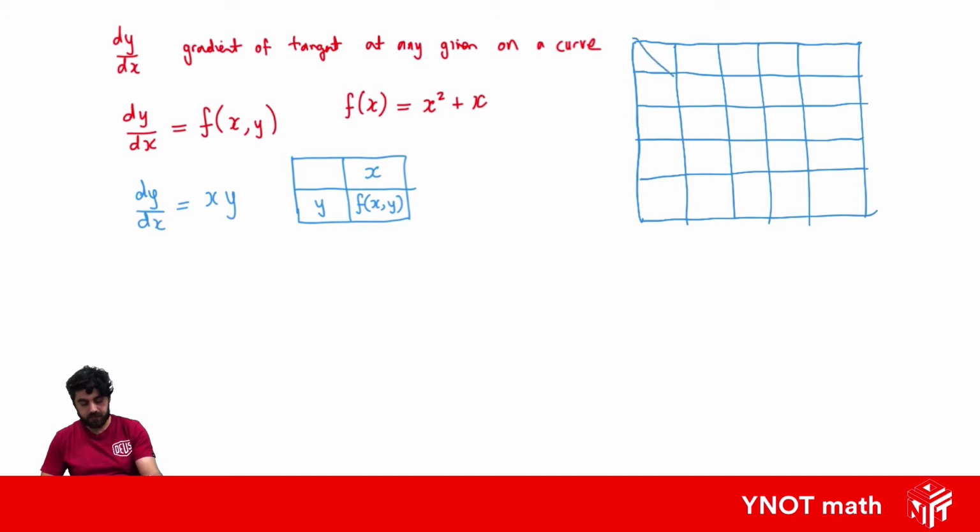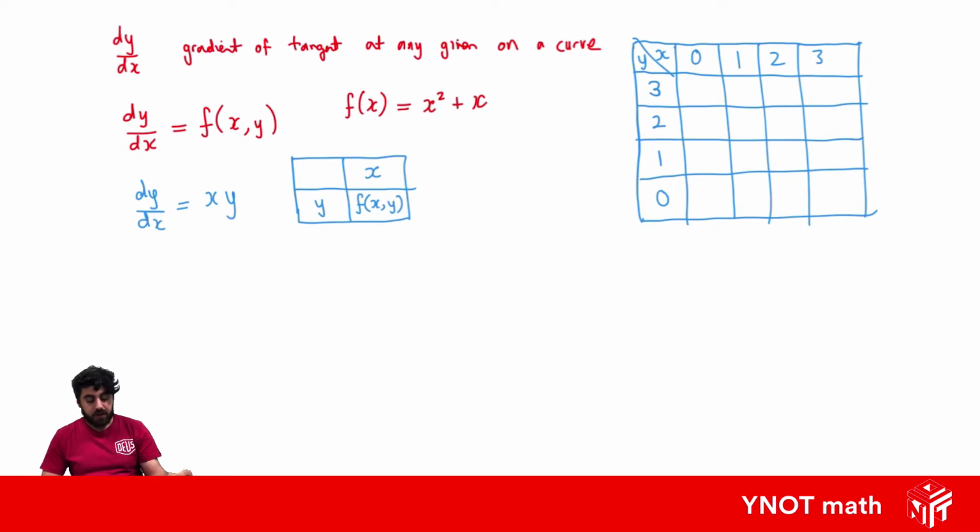Now we're going to put values of x going across and values of y going down. So we'll go 0, 1, 2, 3 for x going across. And you might be tempted to start with 0 and go down, but you'll actually find that going in descending order will be better. So let's write these values as 3, 2, 1, 0, and we'll see why that's going to be handy in a second.